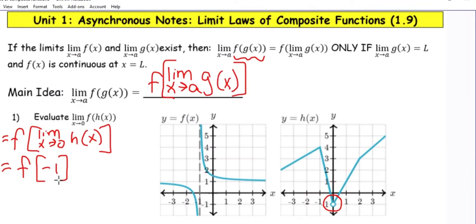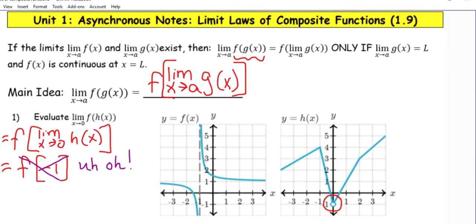Now the question's asking for f of -1. But we have a problem, because if I look at my graph of f at -1, I see this asymptote. We can only use this method that I have written out in red if the function f is continuous at -1, and it's not.